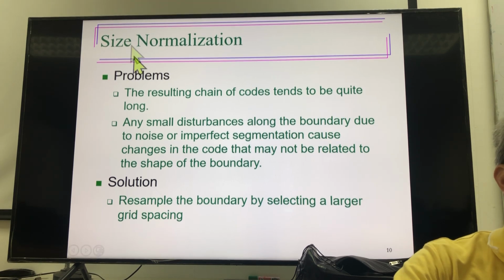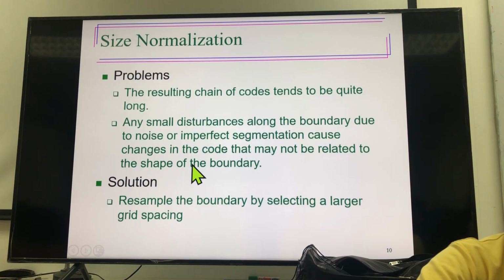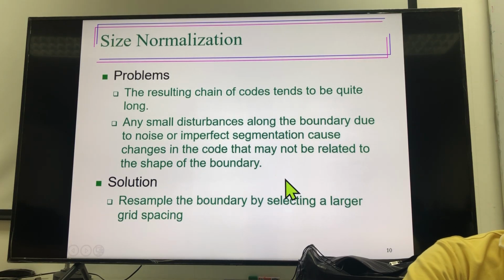So the chain code may not be related to the shape of the boundary, but actually to the details. So the solution is to resample the boundary by selecting a larger grid space.